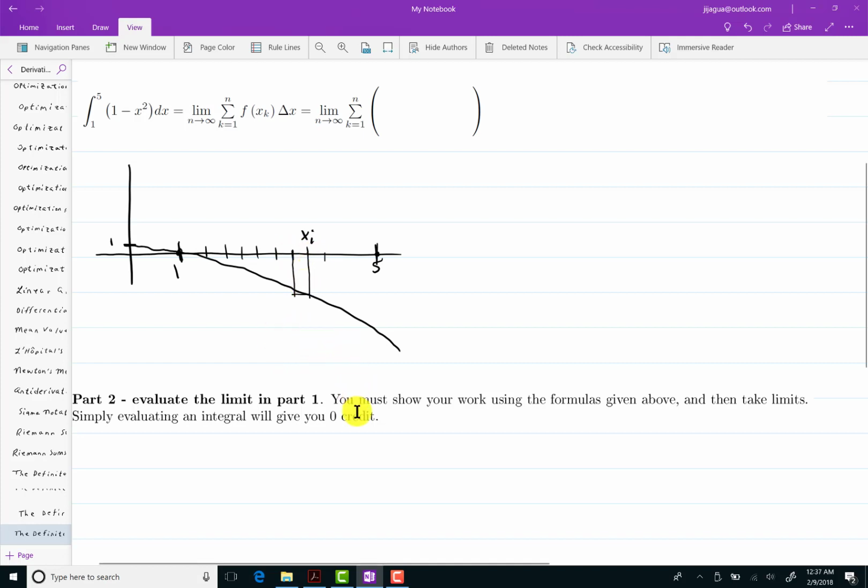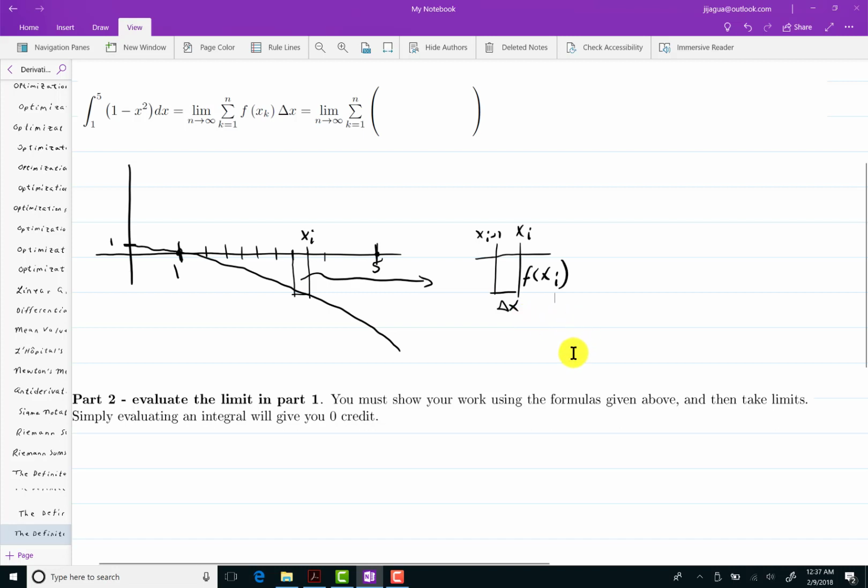Let me take this off to the side. We have x sub i minus 1 to x sub i. The thickness is delta x, and the height is f of x sub i. Or I think in this case I'm using the letter k instead of i. Not a big deal.